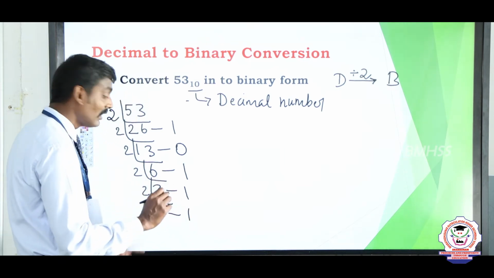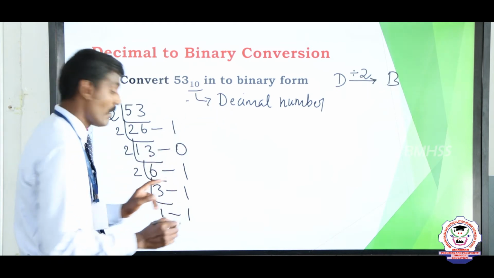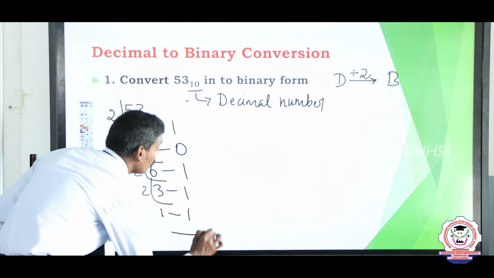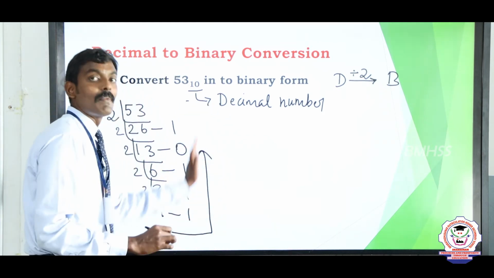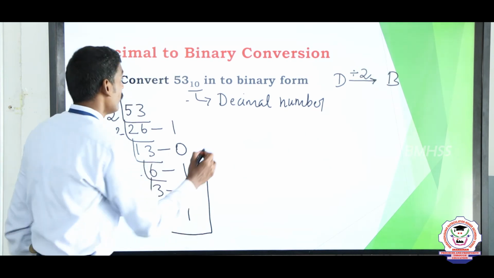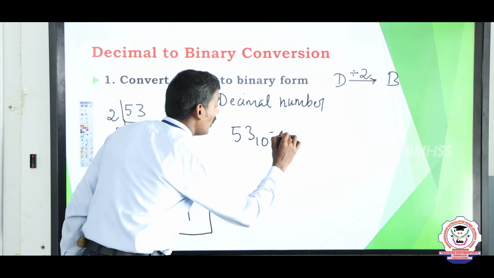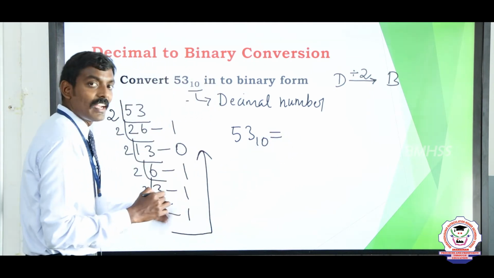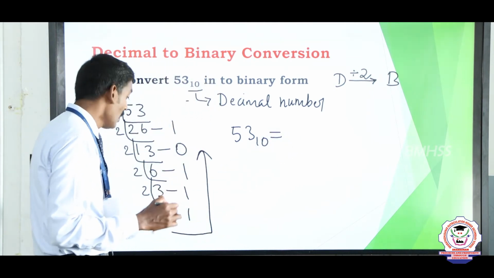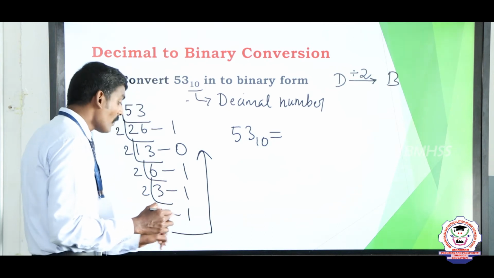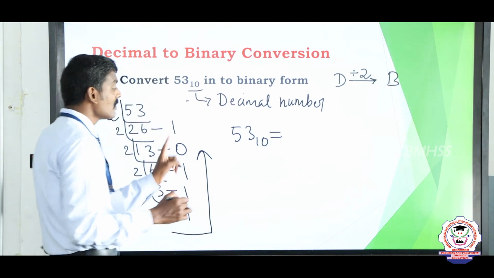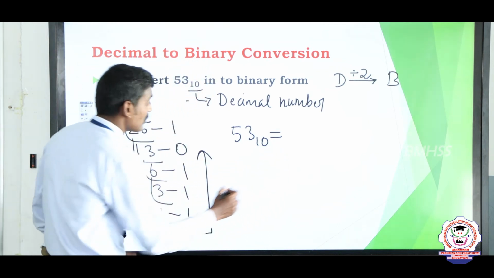How do you write this result in binary form? It should be written from down to up, that is, the bottom-up approach. For example, 53 base 10 is the given question that can be converted into binary form. In binary, how can you write it? 1 1 0 1 0 1. How many ones are there?